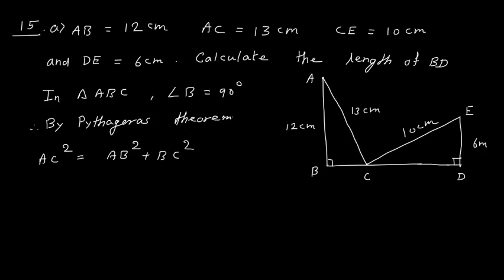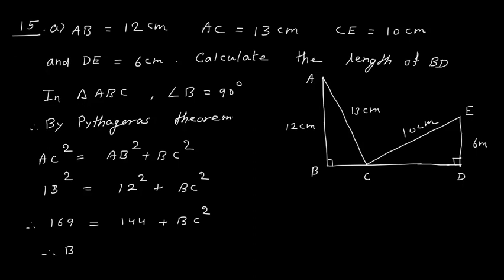Now this value of AC square, AC is 13, so 13 square is equal to AB is 12, so 12 square plus BC, we don't know, so we will write BC square. Therefore 13 square is 169 is equal to 12 square is 144 plus BC square.